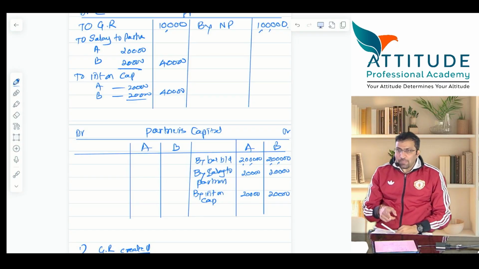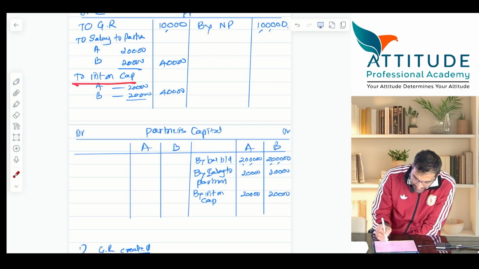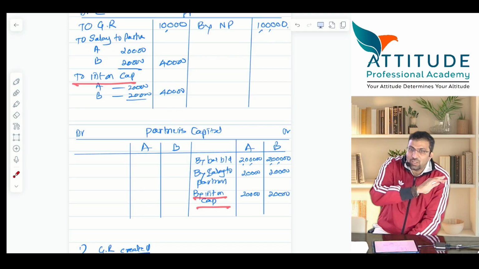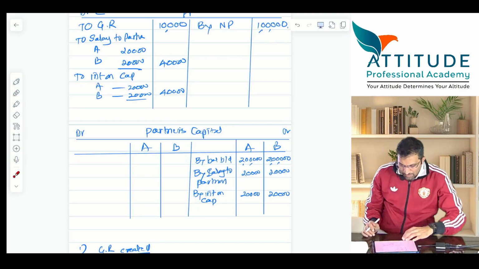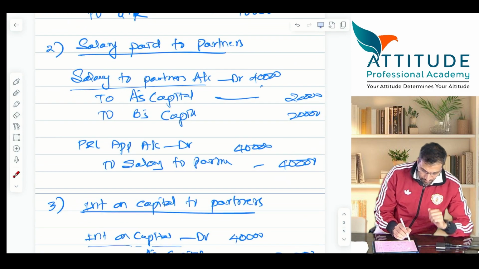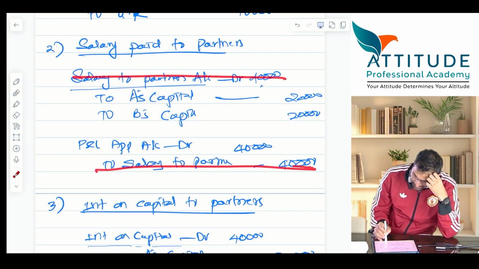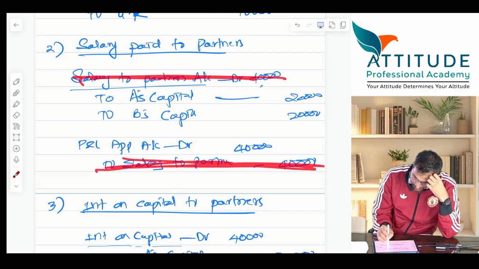Now 1 second. I'll ask you a question. Up till here you understood? Now please look at this. To interest on capital, by interest on capital. That account gets closed. Now come down to these journal entries. You'll notice journal entry. Salary to partner debit, salary to partner credit. बराबर है? बचा क्या? अरे ये दोनों अकाउंट क्लोज हो गया ना.